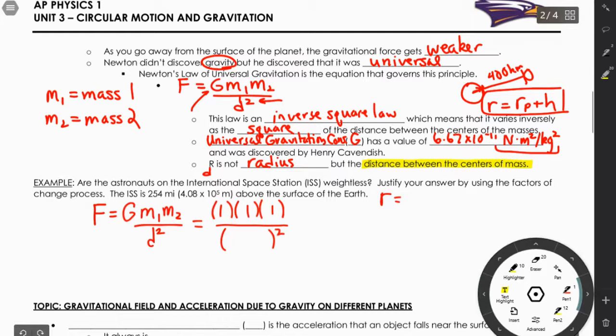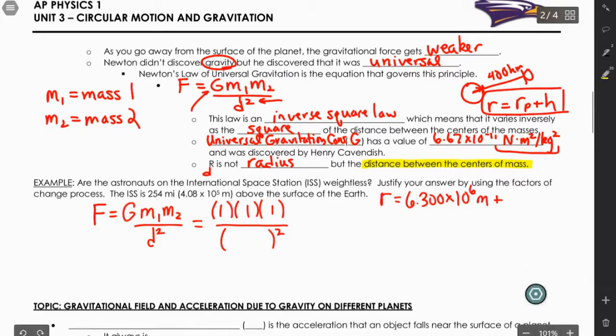This r equals rp plus h, and so 6.300 times 10 to the 6 meters is the radius of the Earth, plus this 4.08 times 10 to the 5th meters. Okay, and so that's going to be an answer.